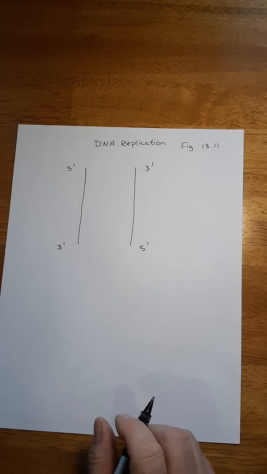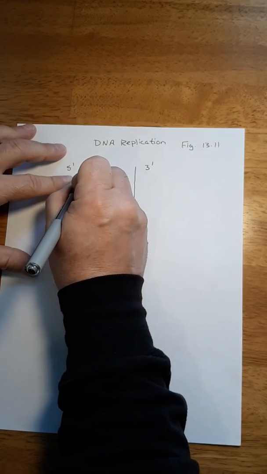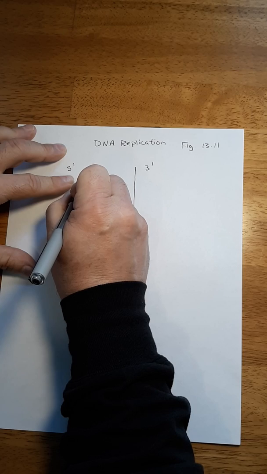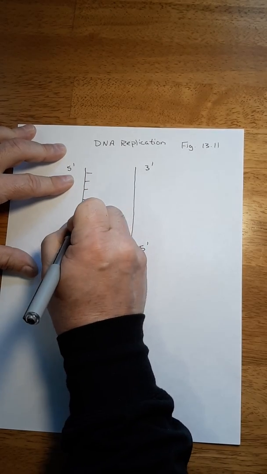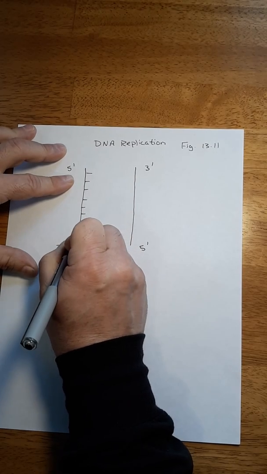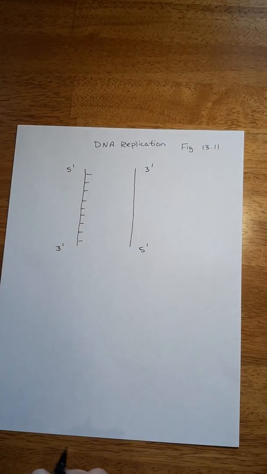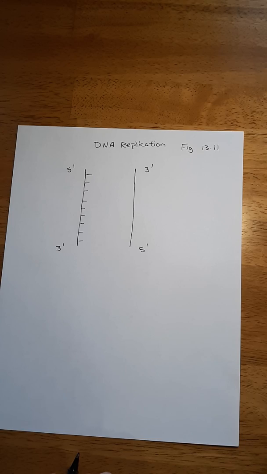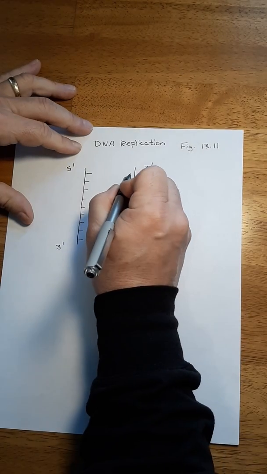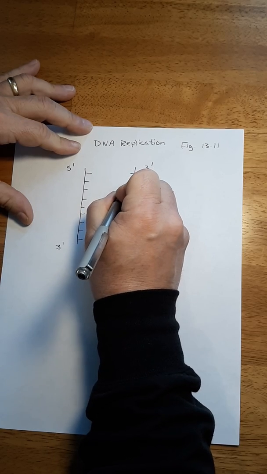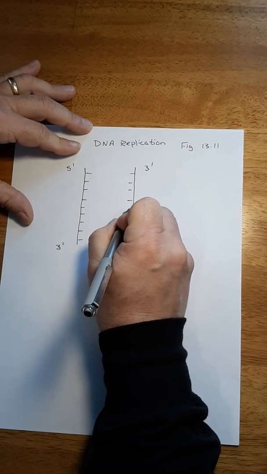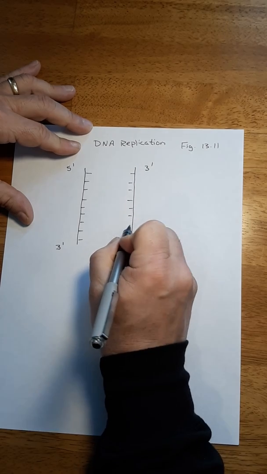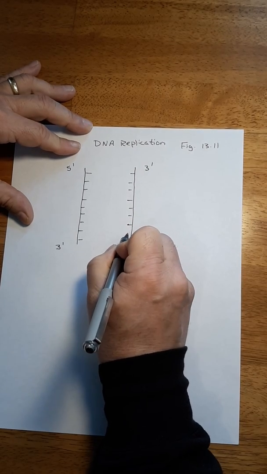Not going to show a ton of complementary nitrogenous bases. We'll just look at a total of 9. On this strand, show the bonds for the nitrogen bases, a total of 9. And then over here, there'll be the complementary nitrogen bases on this side. We'll try to line them up the best that we can.